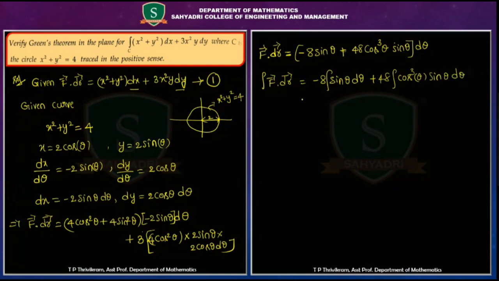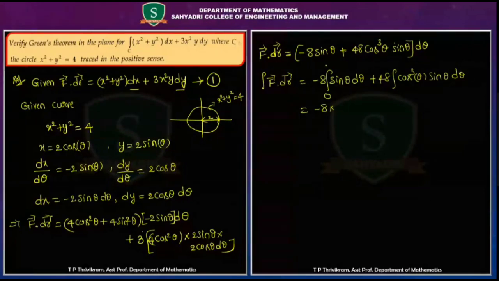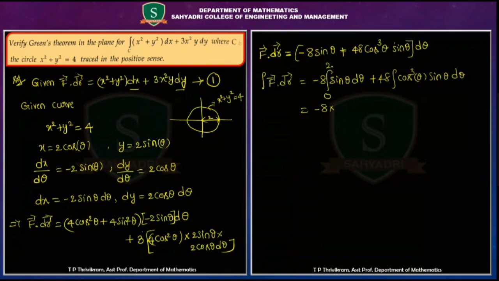So this one is equal to minus 8 into, what are the limits here? Limits are from 0 to complete circle, right? What will be the angle? 360. Correct, 0 to 360. 360 is nothing but 2 pi. Here also 0 to 2 pi.